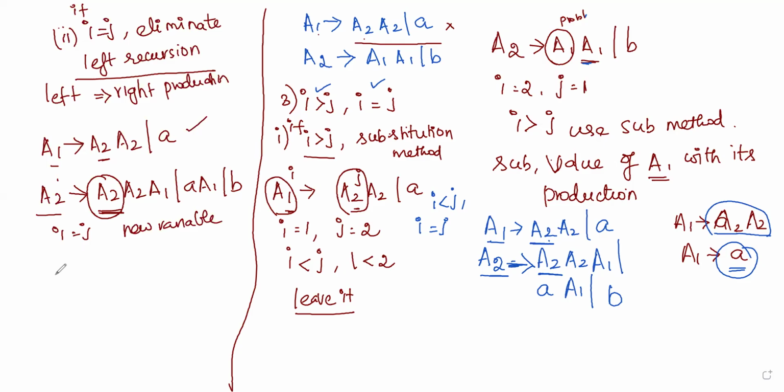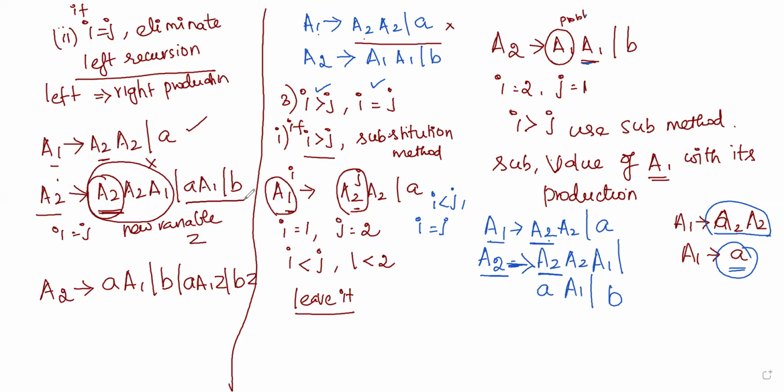I'll tell you. Now I'll eliminate A2. The problem has occurred in this production, so I'm removing the entire production. So the available productions will be A1 and B. Now I'll create one new variable called Z and add it with this: A1 Z and B Z. I have eliminated the entire problematic production, and the leftover is this one.